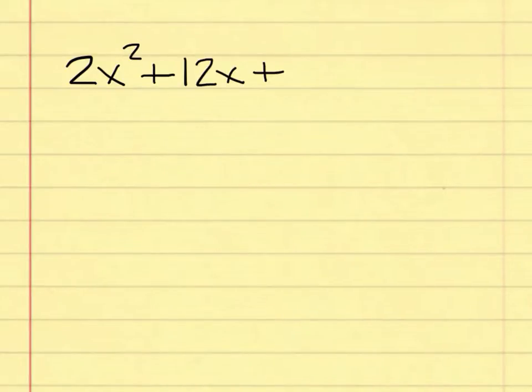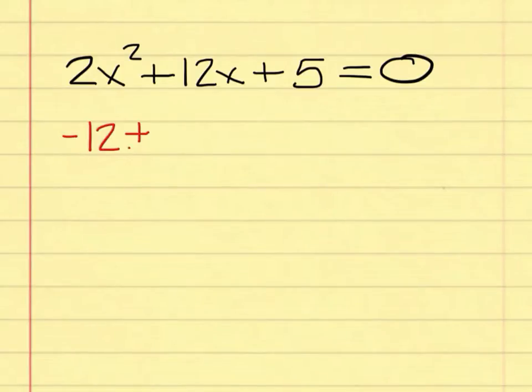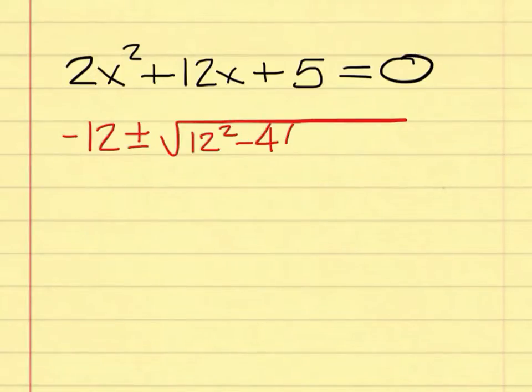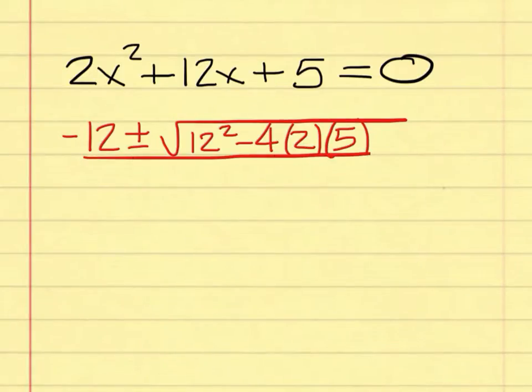This problem is 2x squared plus 12x plus 5 equals 0. You're going to have negative 12 plus or minus the square root of 12 squared minus 4 times 2 times 5. All of that's going to be over 2 times 2.